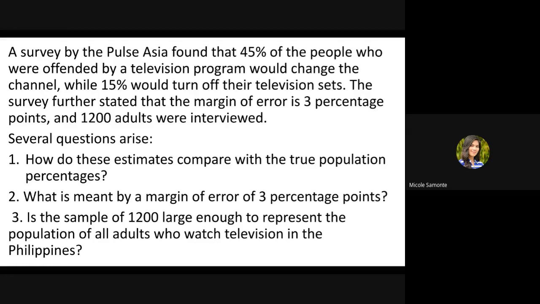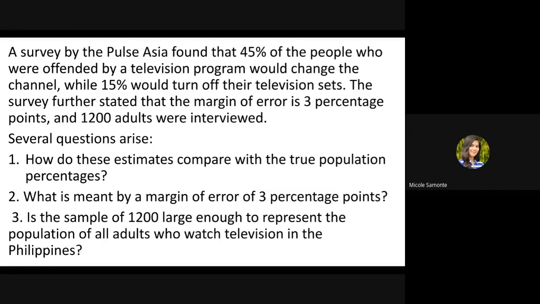We have here several questions that may arise. How do these estimates compare with the true population percentages? What is meant by error of 3 percentage points? Is the sample of 1,200 large enough to represent the population of all adults who watch television in the Philippines?